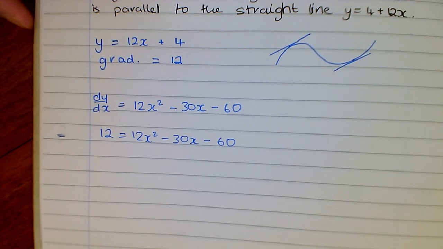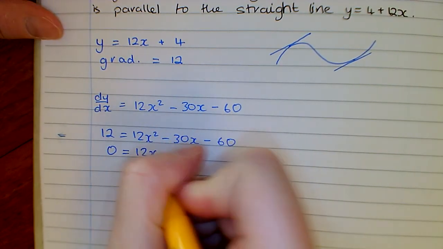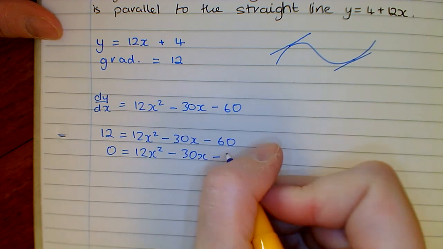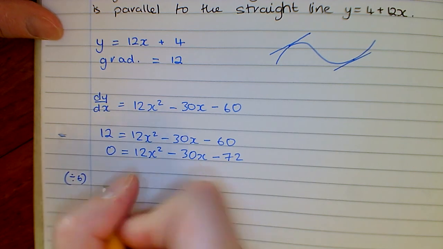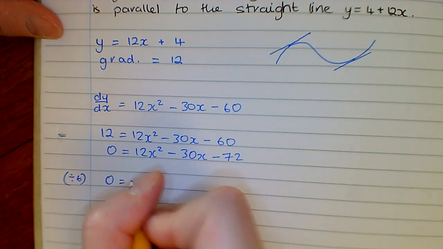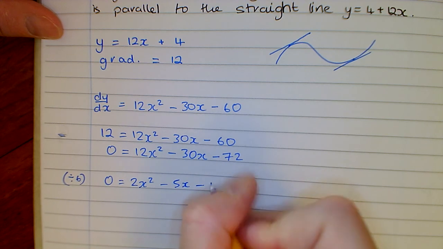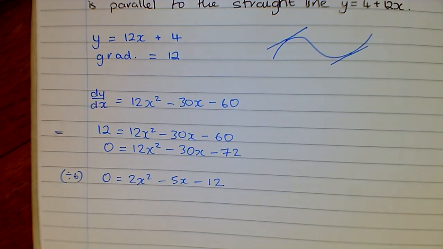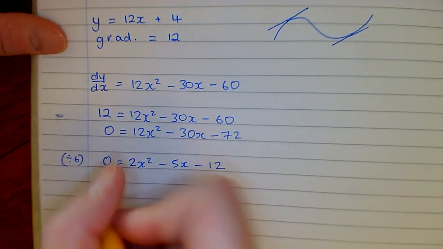So we should notice now that we've got a quadratic that we'll have to solve. So remember, to solve a quadratic, it has to equal 0. I'm going to make it a wee bit easier just by dividing by 6. And we get 2x squared minus 5x minus 12 equals 0, which is the quadratic that we'll have to solve.